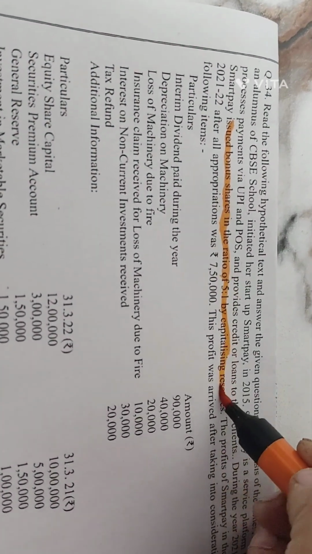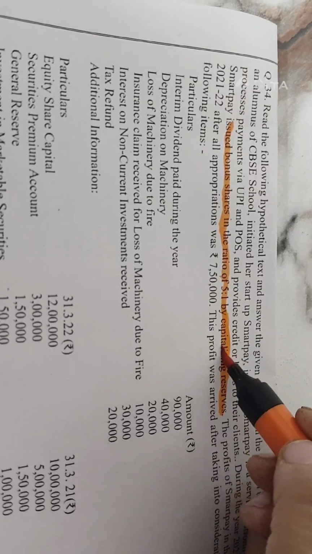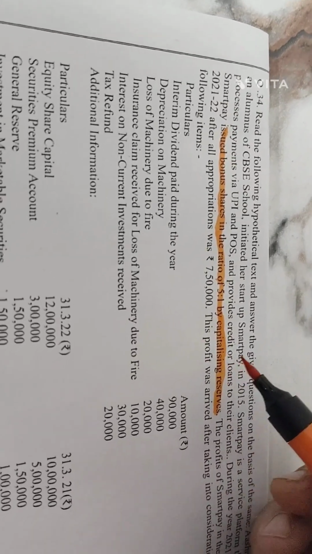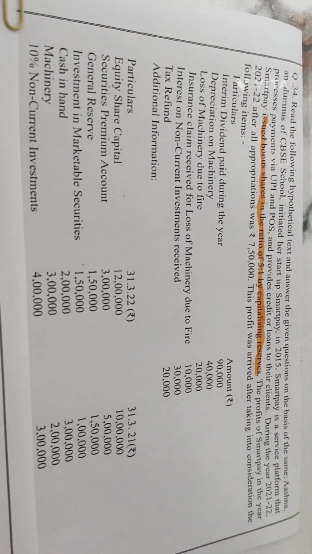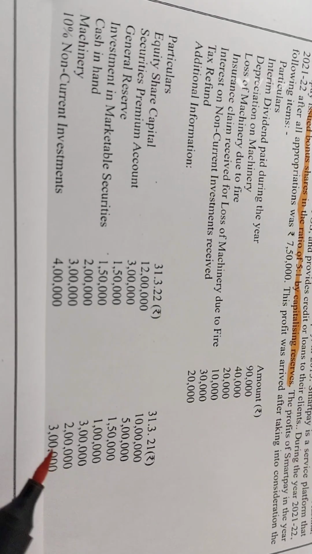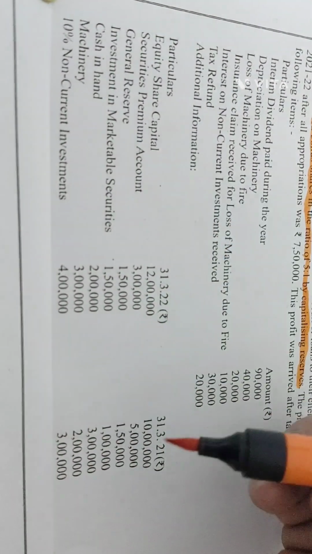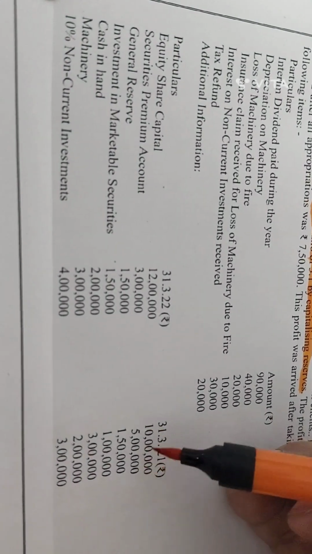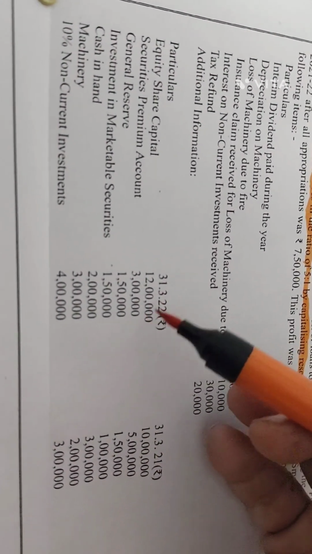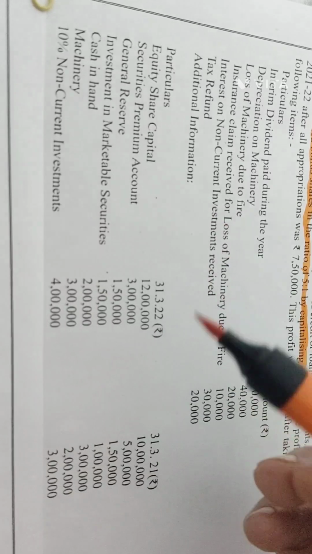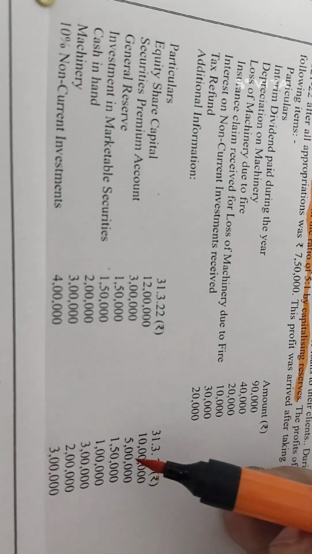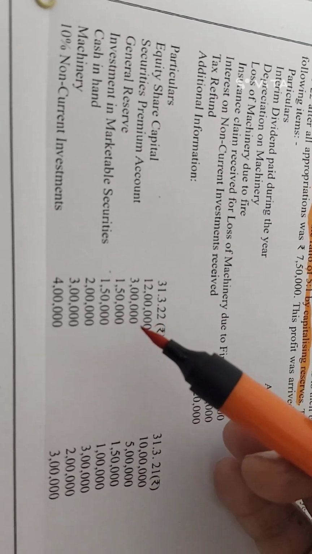There is one important aspect in your book also, regarding the security premium. Let's see this point from the given situation. In the given case, you are provided with the equity share capital, which was initially 10 lakh and now is 12 lakh, and the security premium account, which was initially 5 lakh and now is 3 lakh.